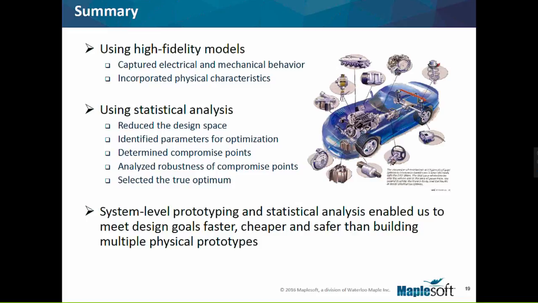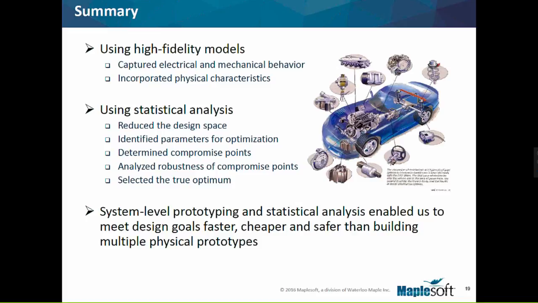Using statistical analysis, we are able to determine which parameters have the greatest influence on the output of the system, given that there were multiple design goals to be met. An optimum set of parameters could not be determined that simultaneously satisfied all the design goals, and rather the complete set of compromise solutions has to be determined and analyzed.